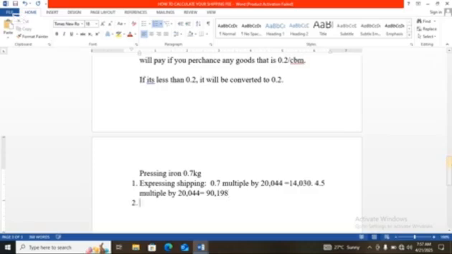So let's use the normal shipping method, that is the Gonzo, without any sensitive item. So let's use normal cargo shipping.